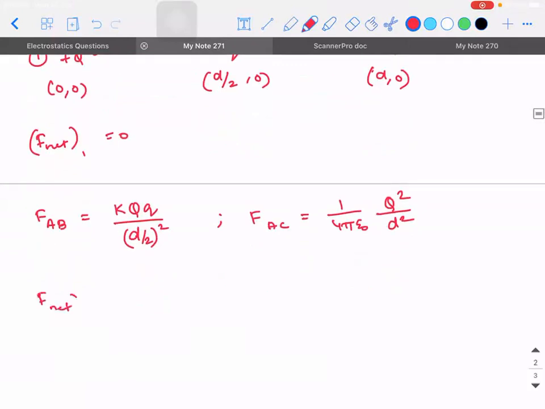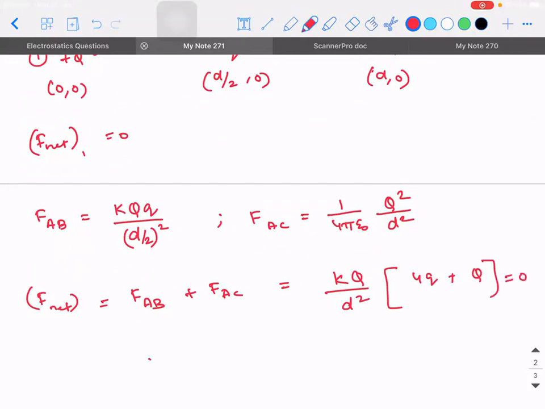So the net force experienced is equal to the force between AB plus the force between AC. That is kQ divided by d square into (4q plus Q). Right? So this net force is 0, which implies 4 times small q is equal to minus Q, which implies q should be minus Q by 4.